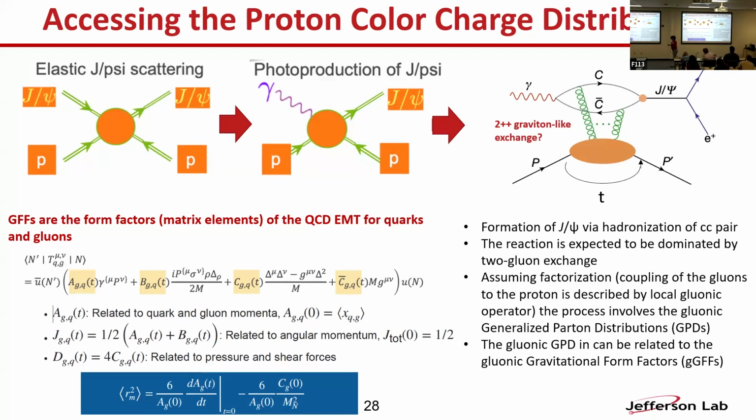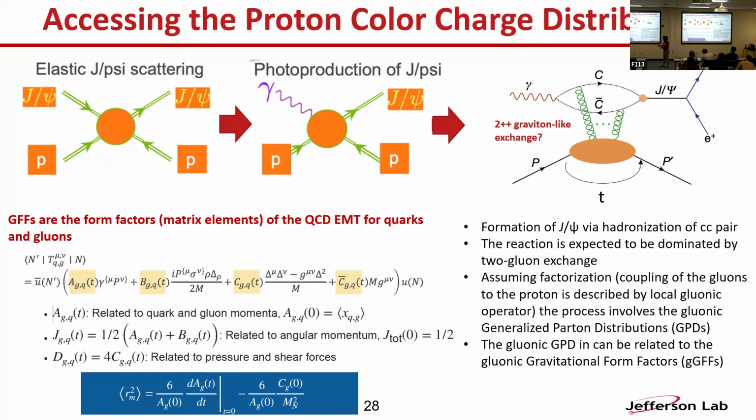And the gluonic GPDs can be related to the gravitational form factors. So I have the energy momentum tensor, which has the gravitational form factors, like the electromagnetic current has the electromagnetic form factor.